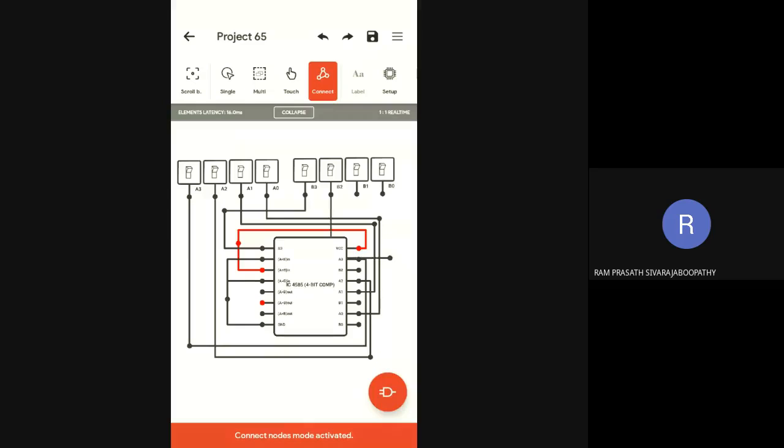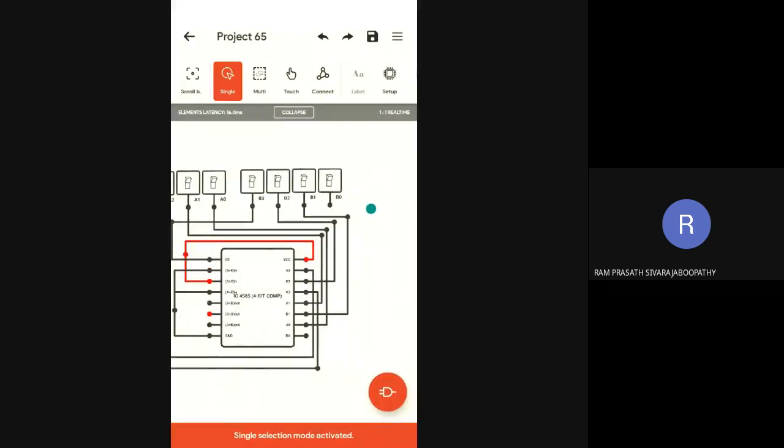So B3, next B2, then B1, finally B0. Can we connect B0 directly?